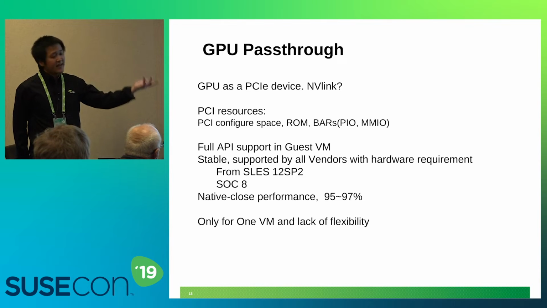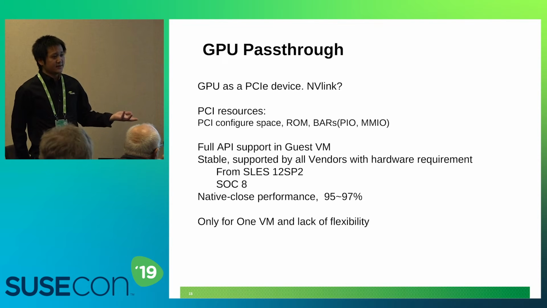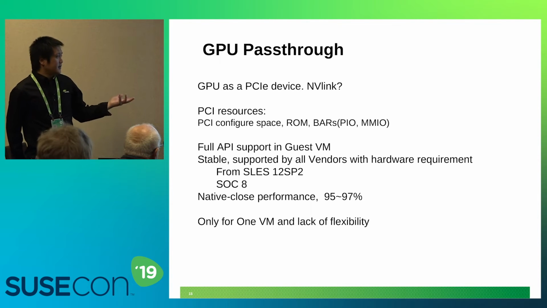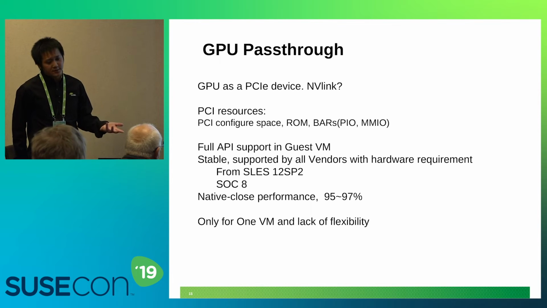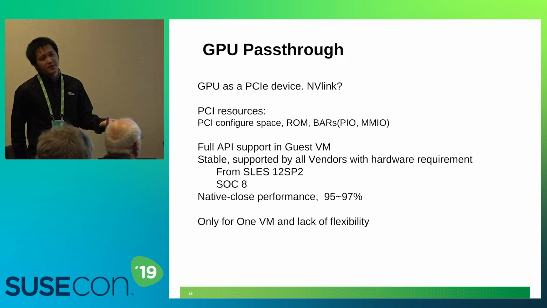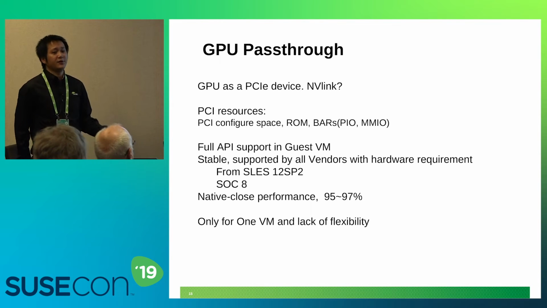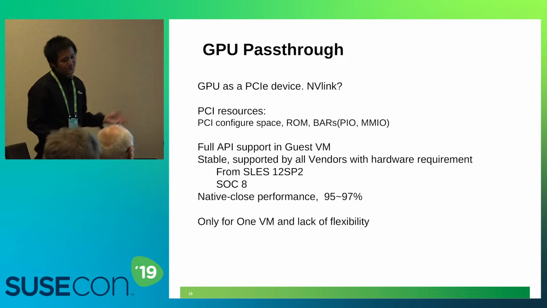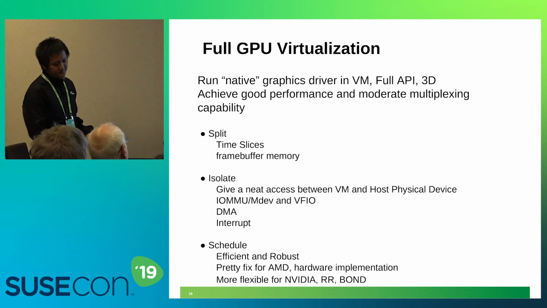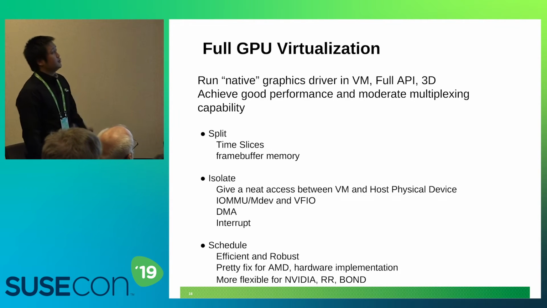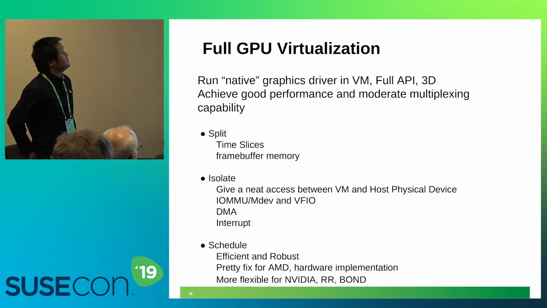It could go to 95 and 97 percent. I think you may lose some performance, but like I said, you get some convenience, it's easier to manage. You can save your environment. So that's good, but it's only for one VM, lacking flexibility. This is the true role today for GPU virtualization.